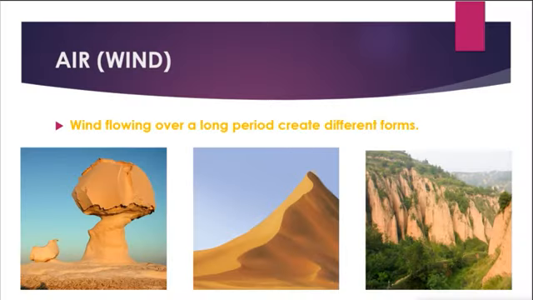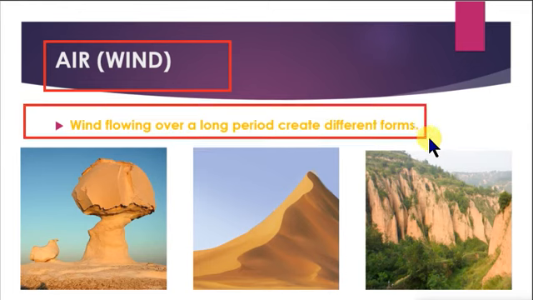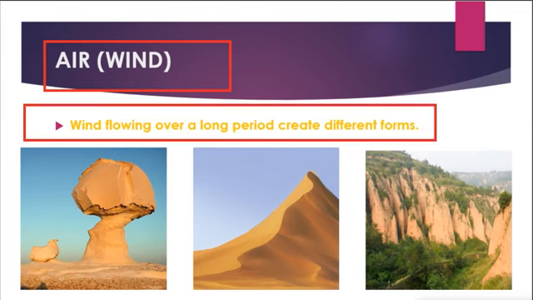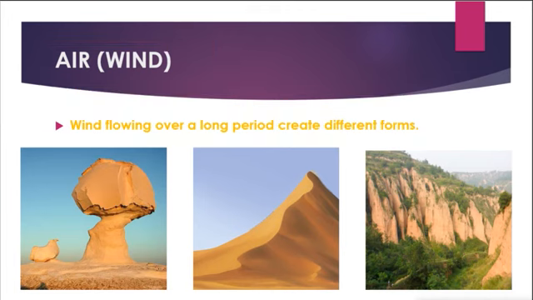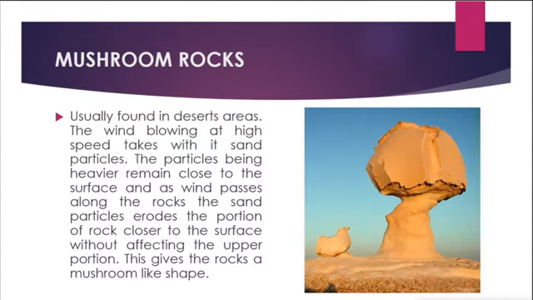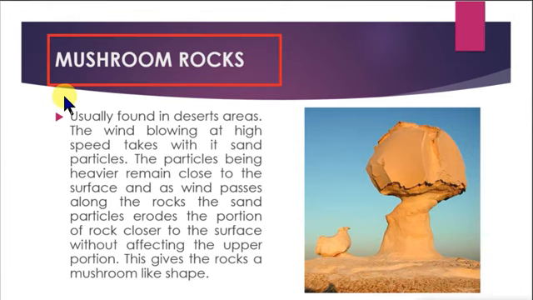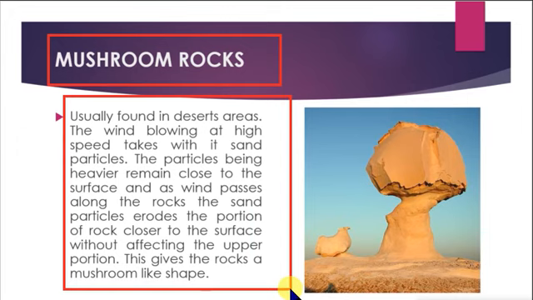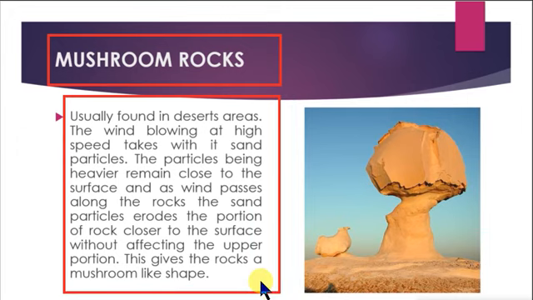Now, let us read about air. We will call air wind. Wind flowing over a long period creates different forms. First one, mushroom rocks, usually found in desert areas. The wind blowing at high speed takes with it sand particles.